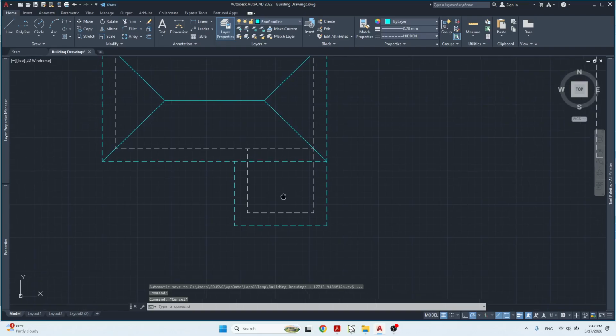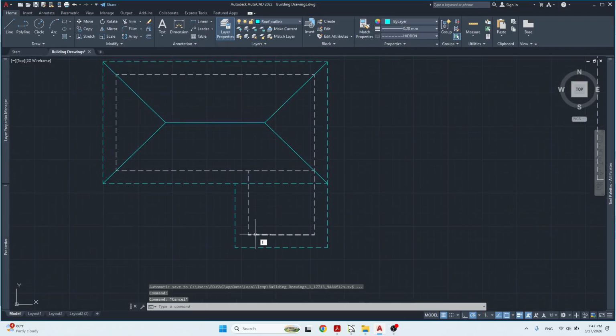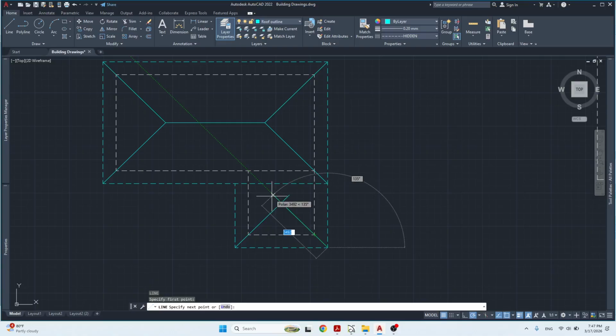Now secondly, we want to do this side. So I'm going to bring this up 45 degrees. This is not the pitch I'm talking about. These lines are drawn at 45 degrees coming in, but the pitch of the roof, you could decide that the angle between the rafter and the wall, that's your pitch.